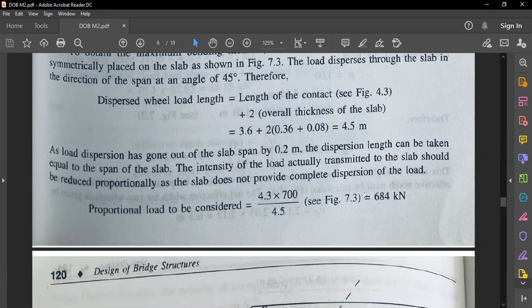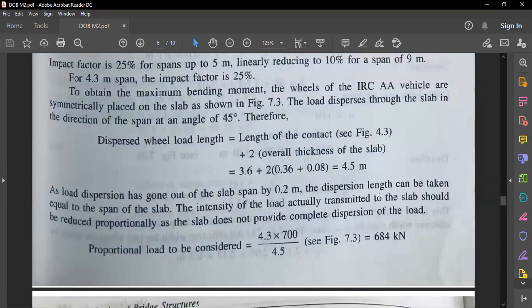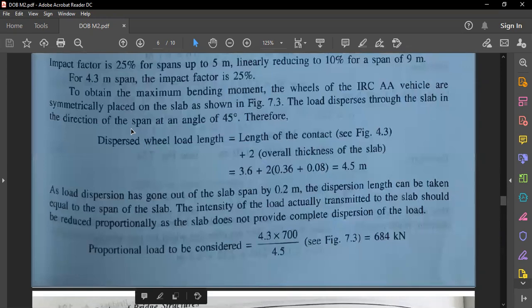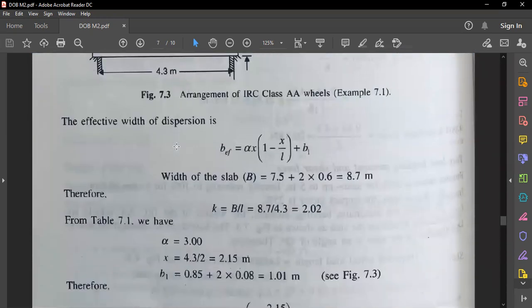Here the dispersion length is greater than the bridge deck slab, so out of 700 kilonewton, only 684 kilonewton is acting on the deck slab. For this 684 kilonewton, again I have to apply impact factor of 25%. See here.